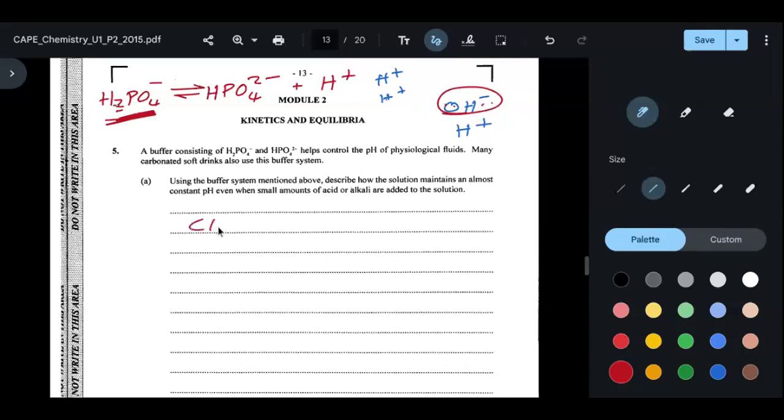If you remember the ethanoic acid buffers that we did in class, CH3COOH gives CH3COO minus plus H plus, right? When you add OH minus ions to the buffer, how do we get rid of the OH minus?